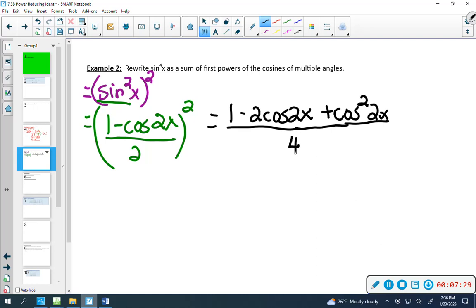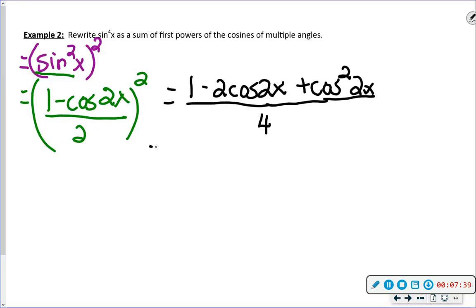Okay, so we're kind of getting there, sort of. The next problem is this cos squared we're going to have to deal with. But let's break up some of this fraction a little bit, because I really have 1 over 4, 2 over 4 in the middle, I'm going to make that a half, and then I'm going to have 1 over 4 at the end.